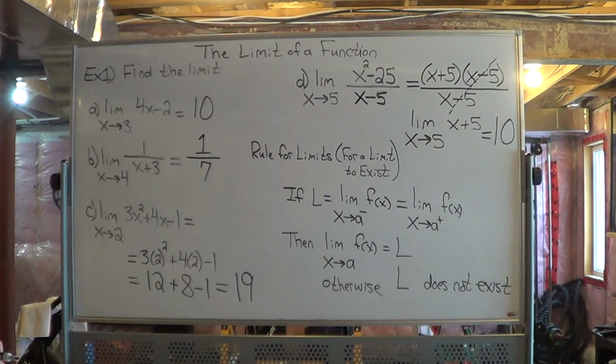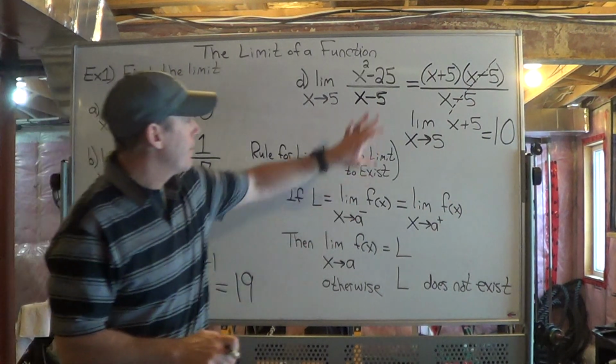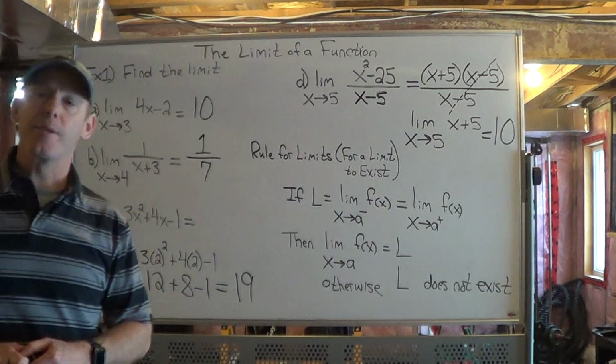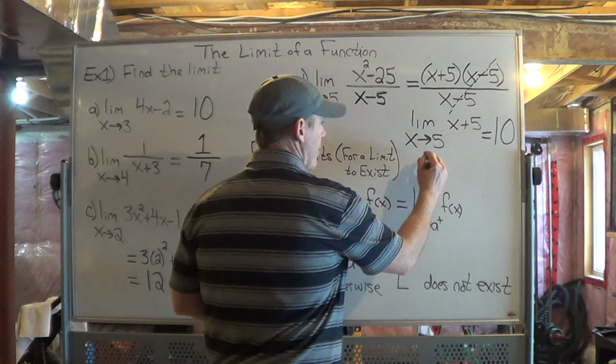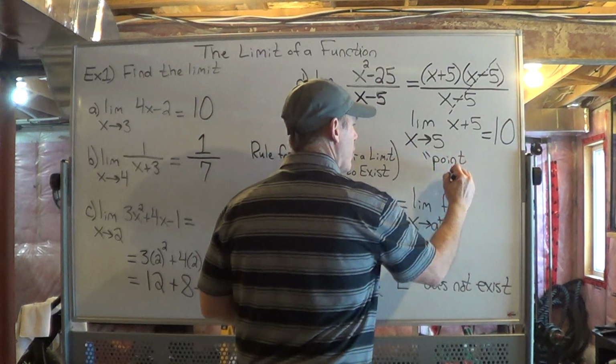Now, something that happens with this function is that 5 is a spot where there is a bit of a problem. We're going to look at that problem in a future class, I think next class, but it's called point discontinuity.